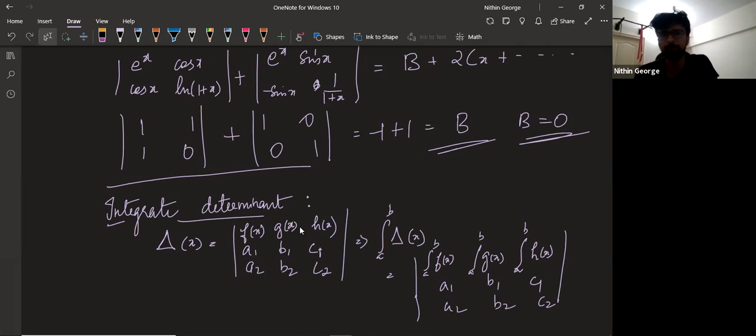Make sure the rest of the rows are constants. Otherwise, if these functions are there in more than one row, then you simply have to expand them and then integrate. Otherwise, this is the way in which you can integrate it. Hope this was clear to you guys.